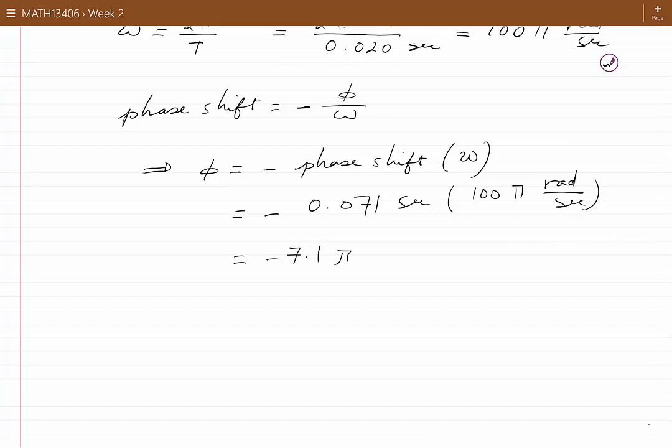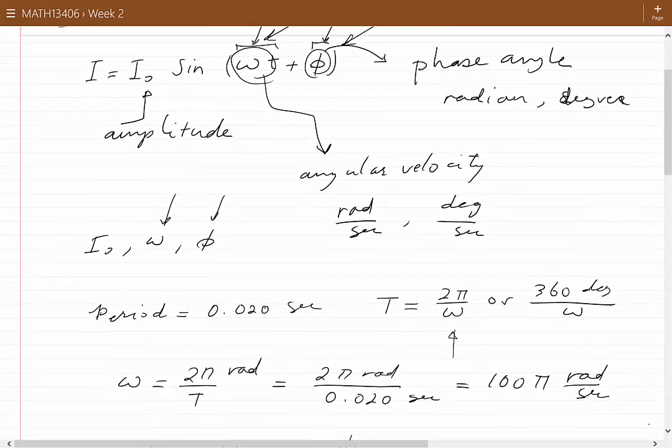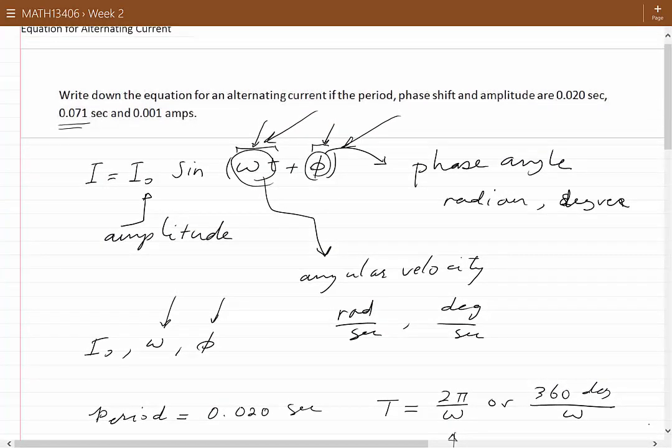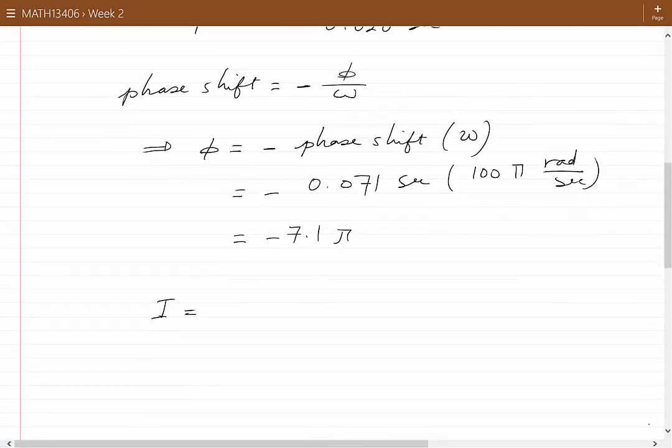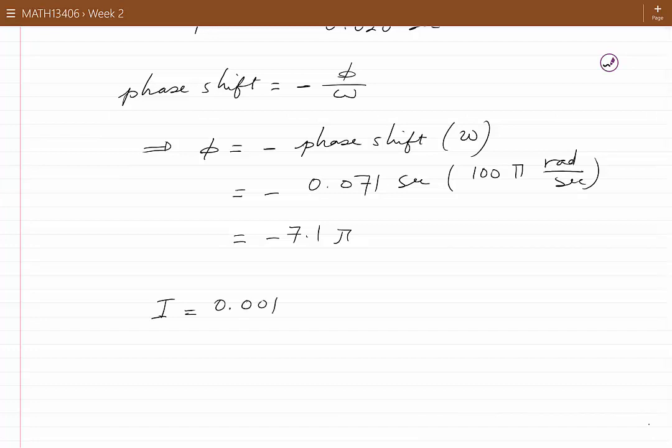Therefore, the equation for the alternating current is I is equal to I naught, which is the amplitude, which is 0.001 amps, times sine of omega, which we found to be 100 pi t, plus phi, which we found to be minus 7.1 pi.